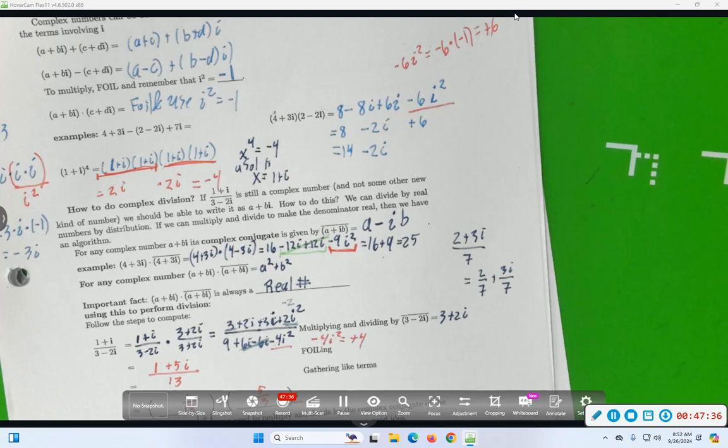Yeah, that's yours. I mean, do you want to see the translation between foiling and the square? Okay, keep going. See you.